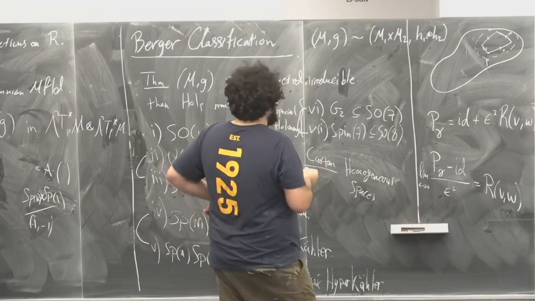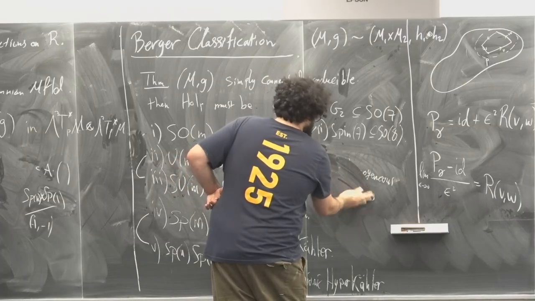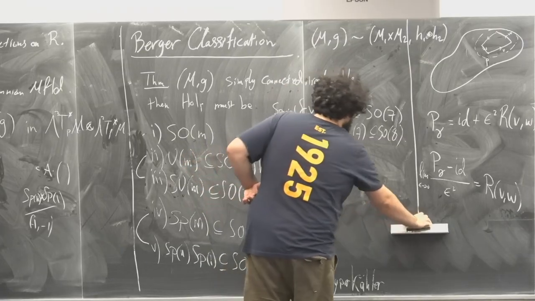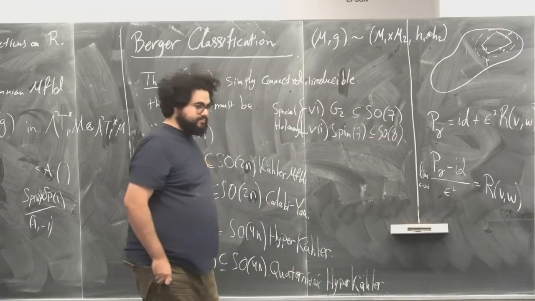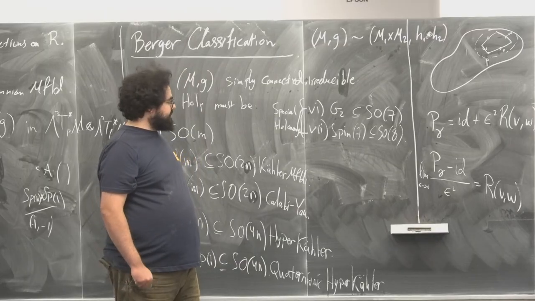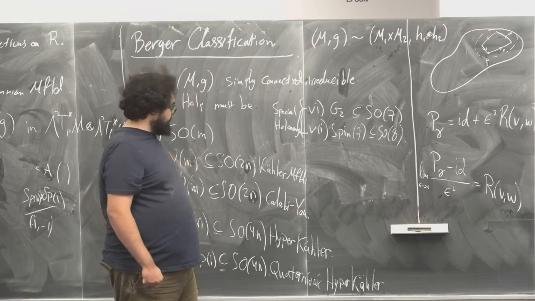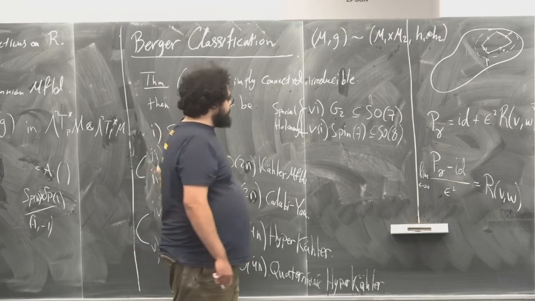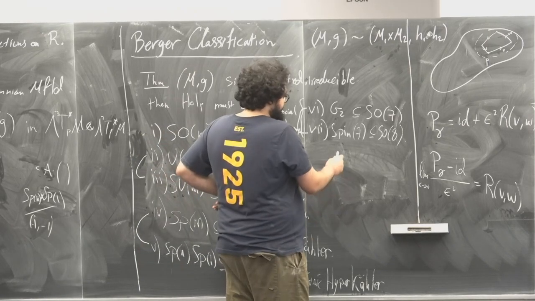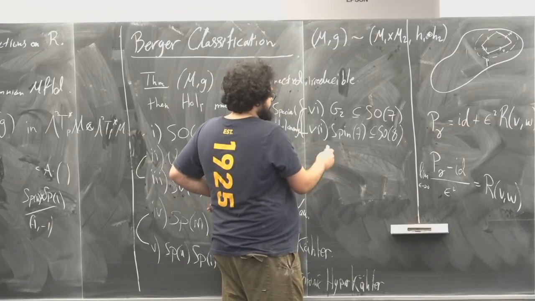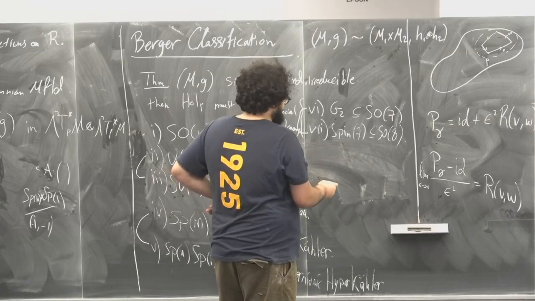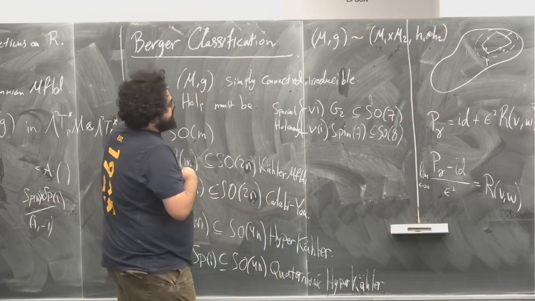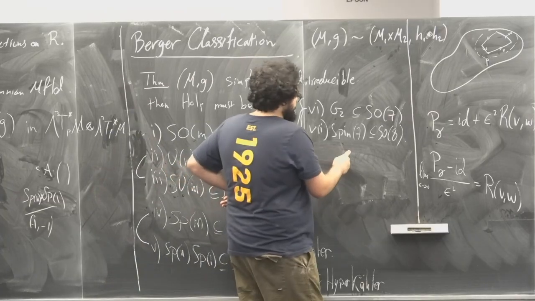Well, I guess I know. I know that Spin(7) sits inside the even Clifford algebra, which is isomorphic to 8 by 8 real matrices. So you have to identify with the octonions.